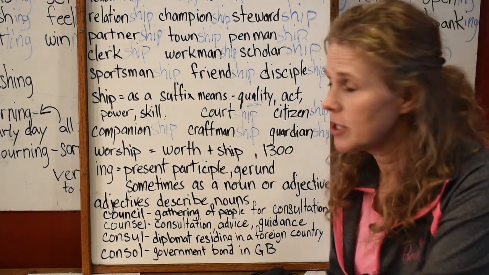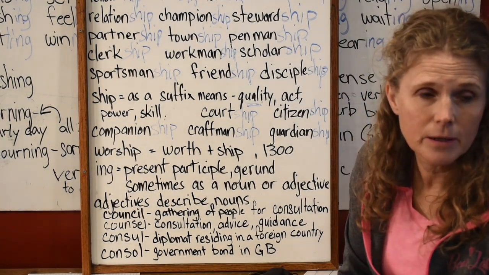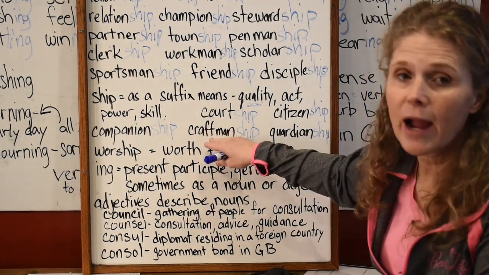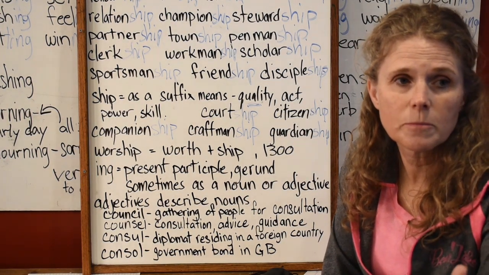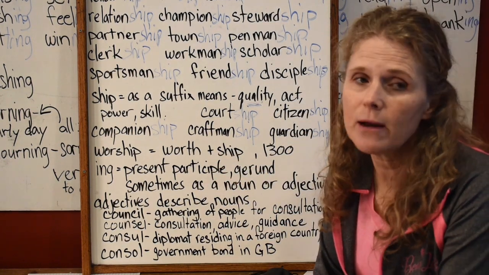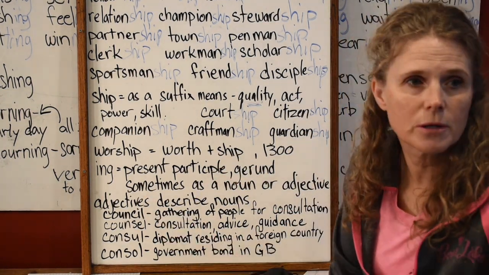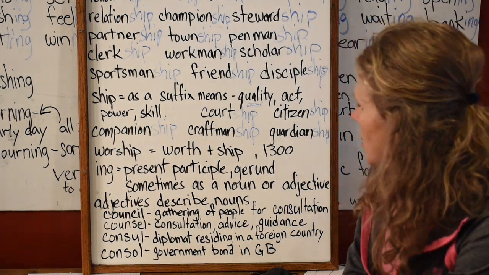Amazing is the adjective because it's describing craftsman, right? The skillful craftsman. What is skillful? An adjective. Yeah. Because adjectives can only describe nouns. They can't describe any other word. Did you have a question? Okay. They can't describe any other word.